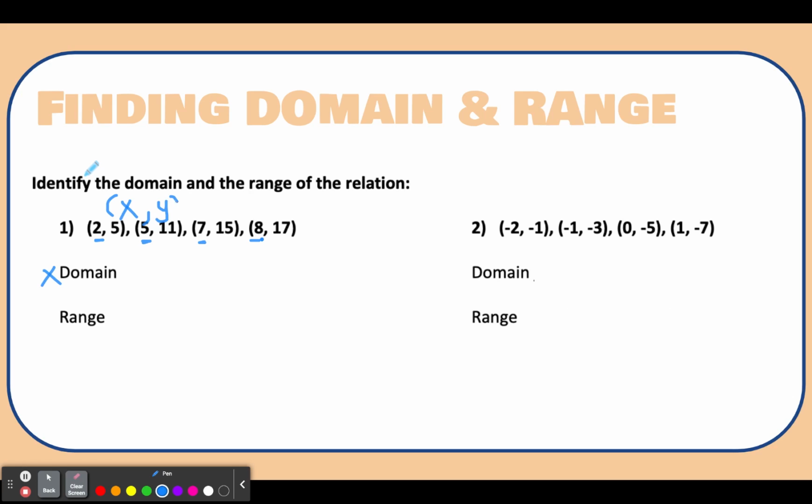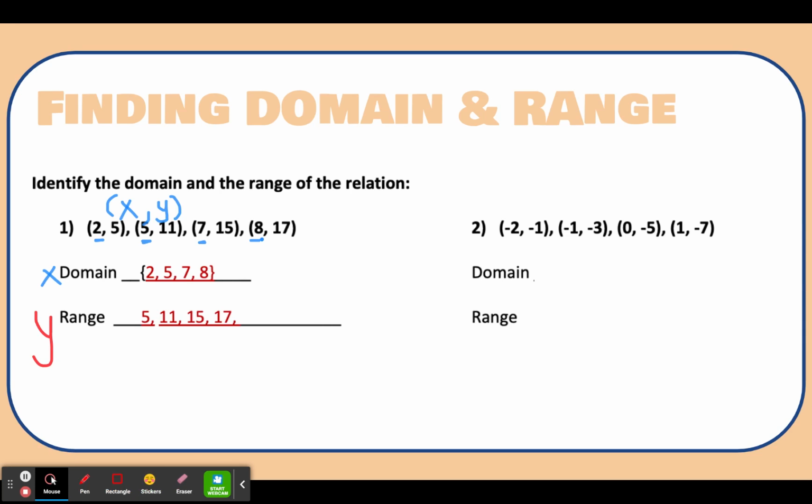So that first number in my ordered pair is going to be my x value. If we put those together and create a set of x values, we get 2, 5, 7, 8, just like this. Our range, we said, is our y value, the set of all y values. So here we would get 5, 11, 15, 17.